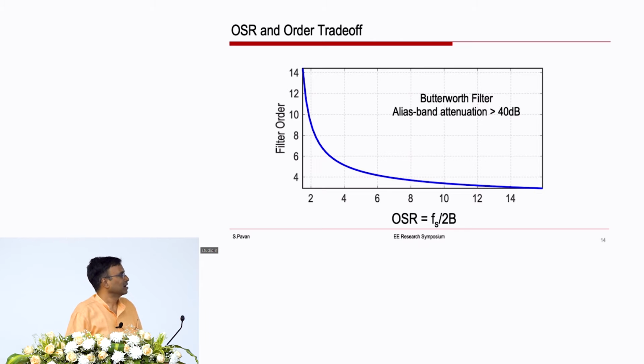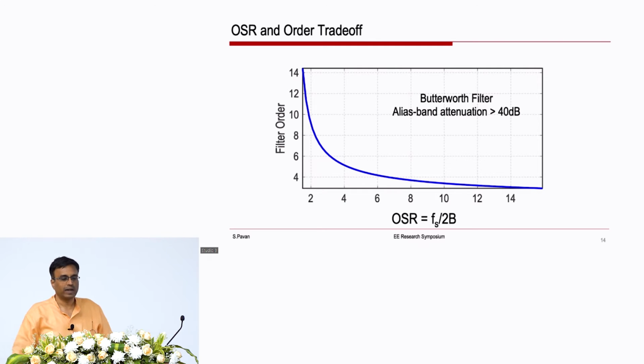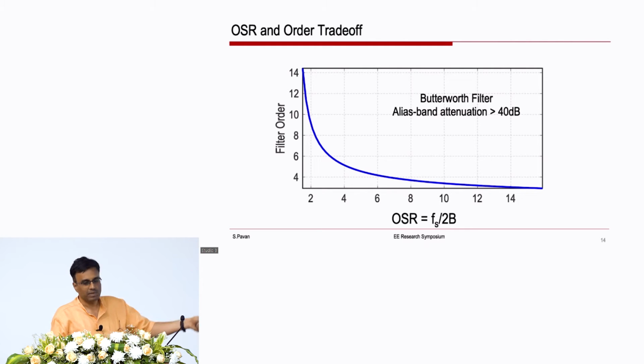There are various ways of approximating the brick wall. The Butterworth is just one of them. It's just jargon. If you have not seen it before, don't worry about it. All that this picture is telling us is that as the sampling rate approaches Nyquist, the order needed for the filter keeps blowing up. You can see that with an oversampling ratio of 2, in this case, you need a filter which is of 10th order.